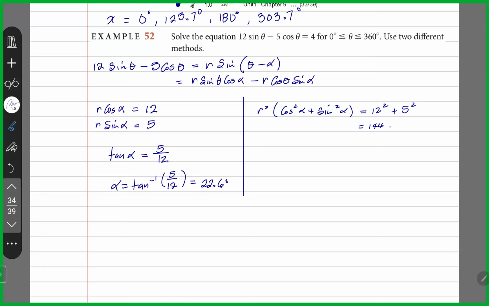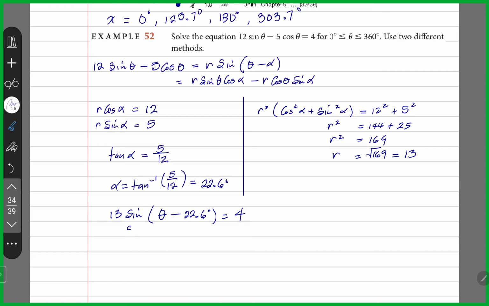The opposite of square is square root. r is the square root of 169. r is 13. So with all this information, I can now rewrite my equation as 13 sine theta minus 22.6 degrees is equal to 4.